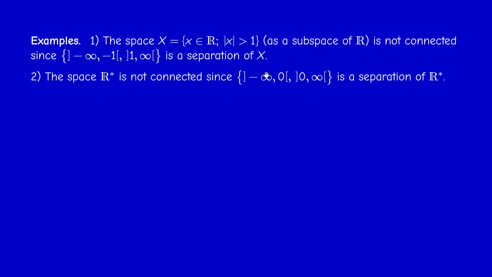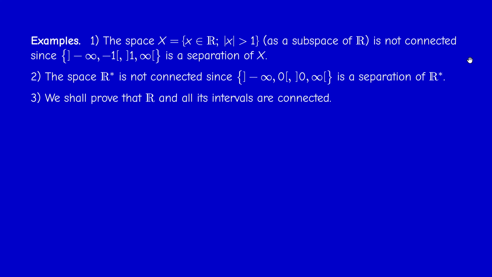Why? Because its complement is open in R star. So this may be a confusing point. Please go back to the section on topological subspaces. So (-infinity, 0) is not closed in R, but it's closed in R star.